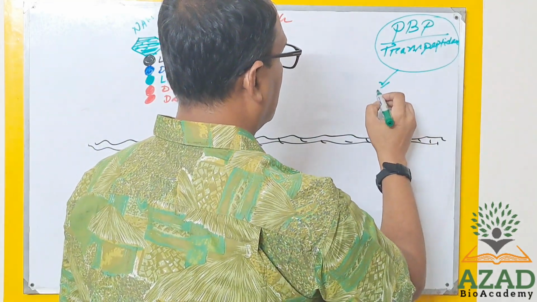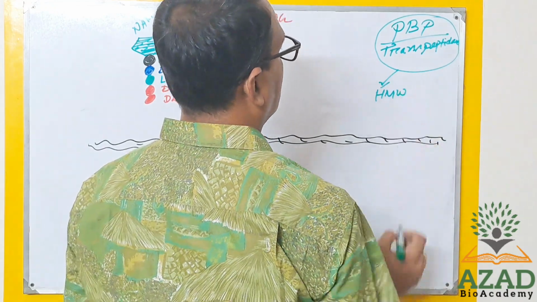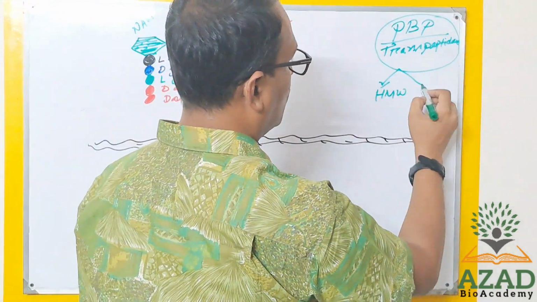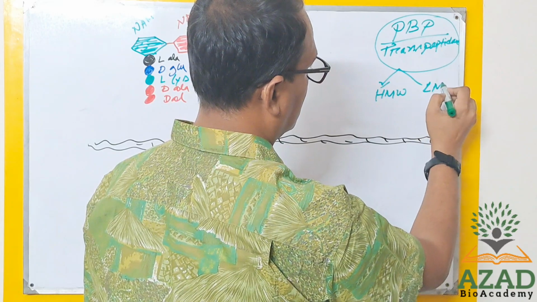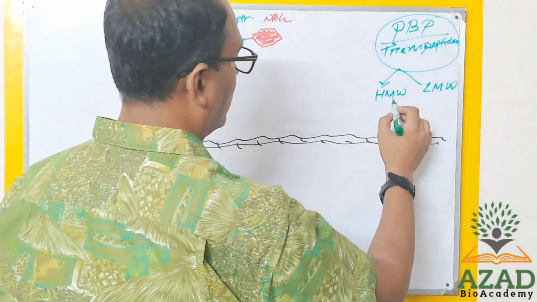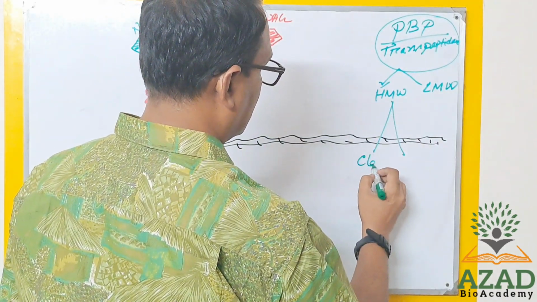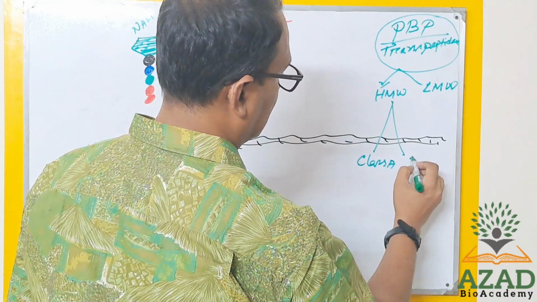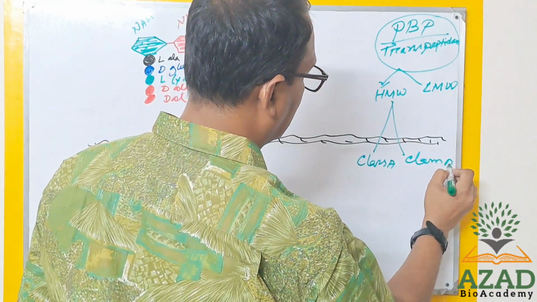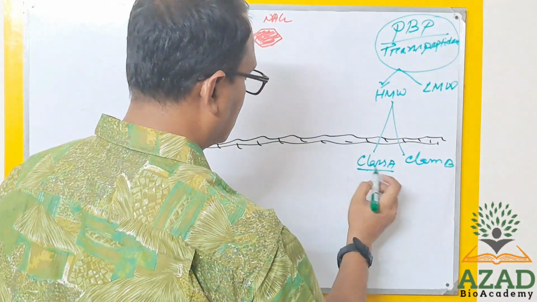One is high molecular weight PBP and the other is low molecular weight PBP. High molecular weight PBP has class A and class B.